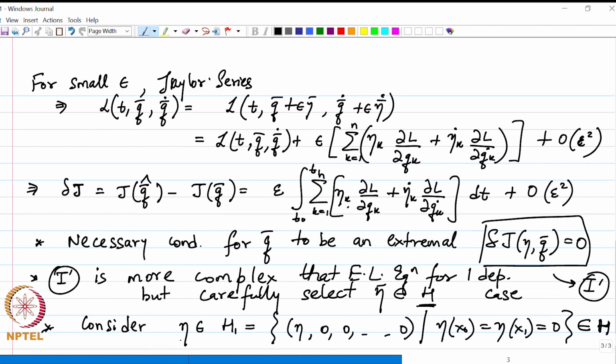Now if we use this particular perturbation, we see that our Euler-Lagrange equation reduces to the one dependent variable case, the dependent variable being q1.